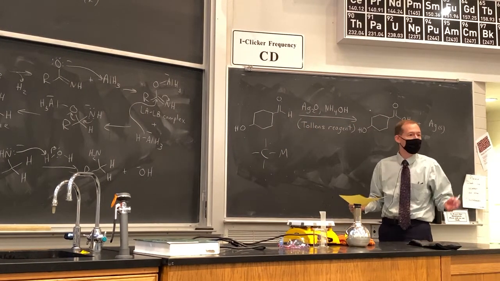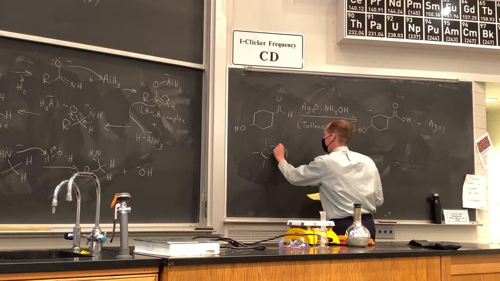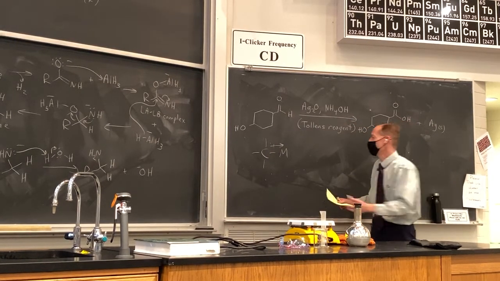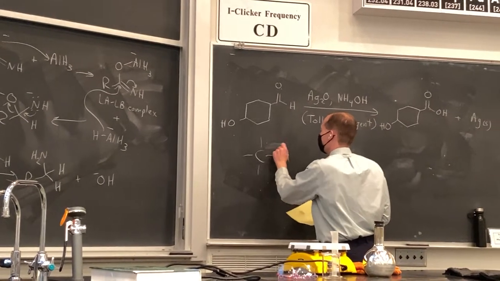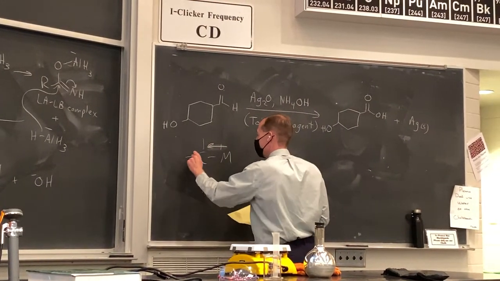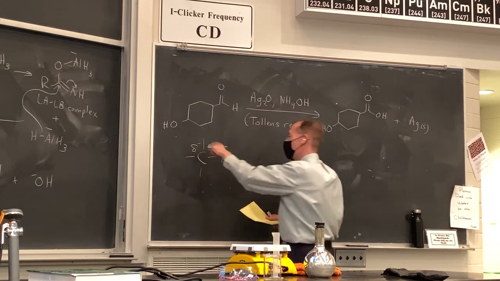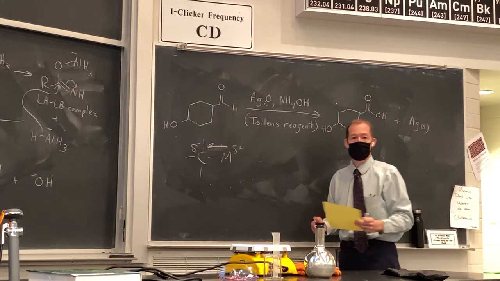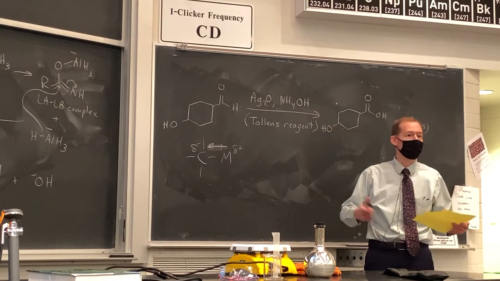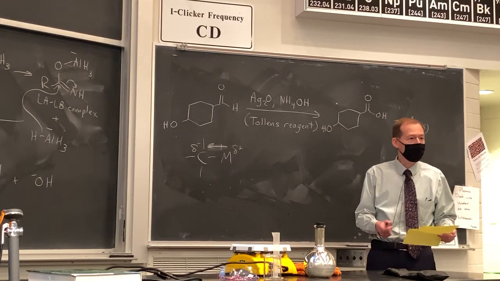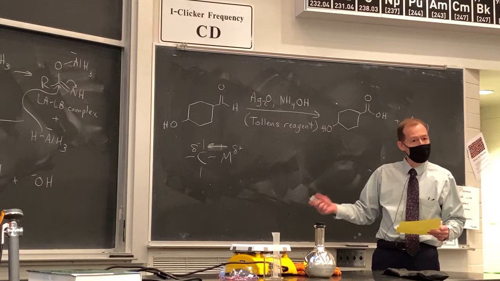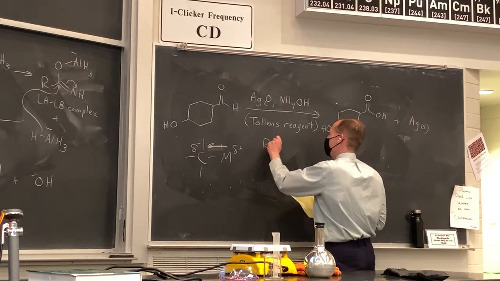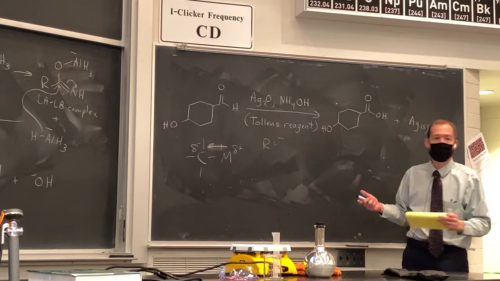And regardless of what metal we're using, that bond is going to be polarized towards the metal. Or sorry, I drew that backwards. Polarized towards the carbon. So that means we have a partial negative charge on the carbon and a partial positive charge on the metal, because the carbon's always more electronegative than the metal. So because we have a partial negative charge on carbon in these molecules, they react as equivalents of carbanions.